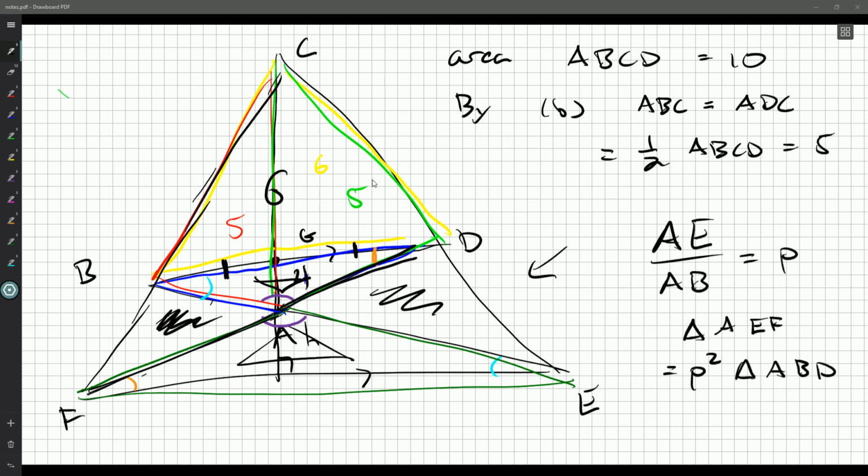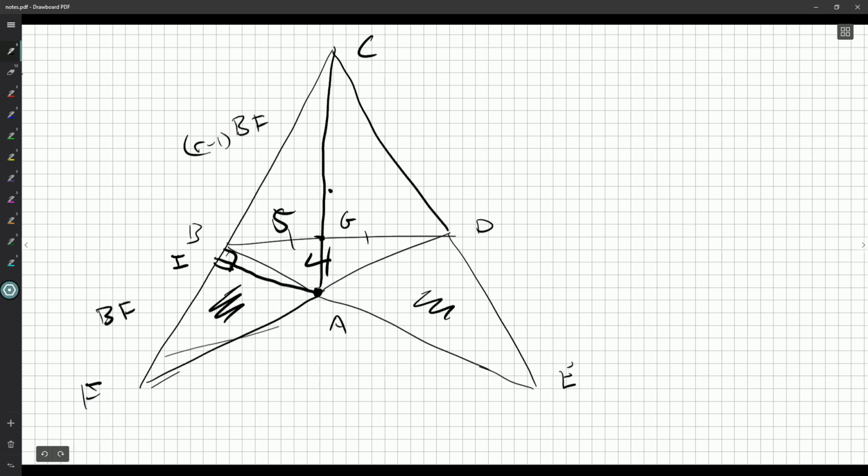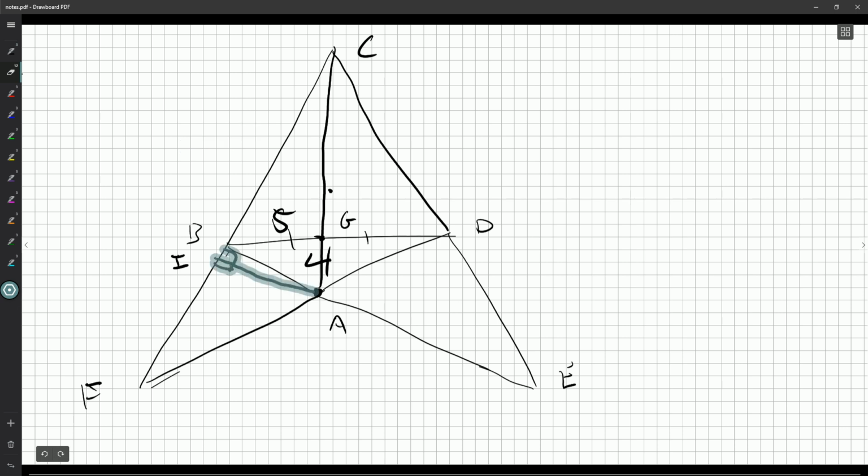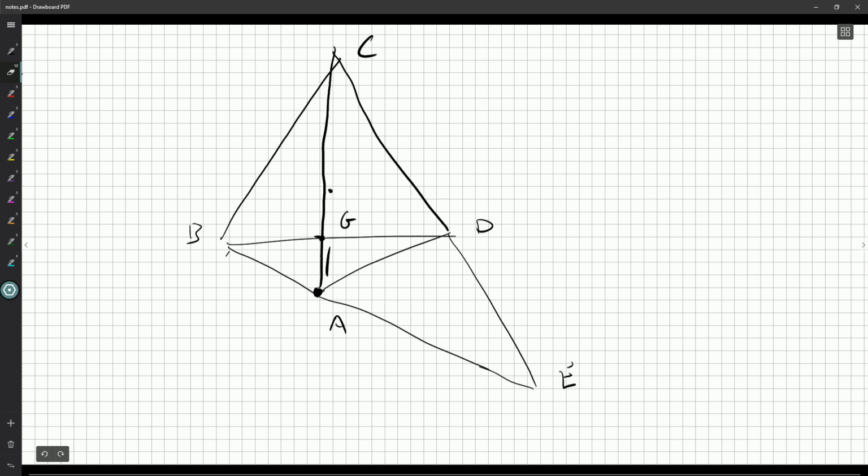Maybe if I drew a simpler picture and focused on exactly this ratio. So let's ignore this area here. Ignore this. We'll add that in if I need it. So if I'm just looking for AB over A, or AE over AB, I suppose it's the base of this slanted triangle up here.